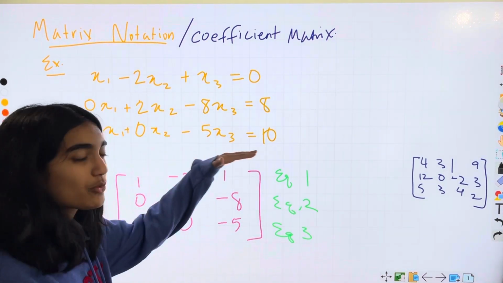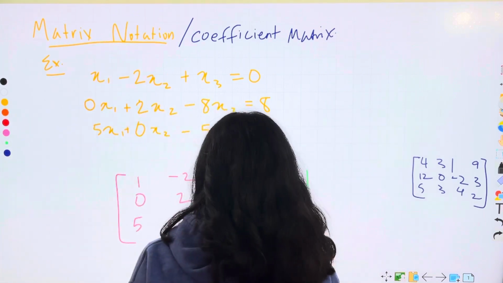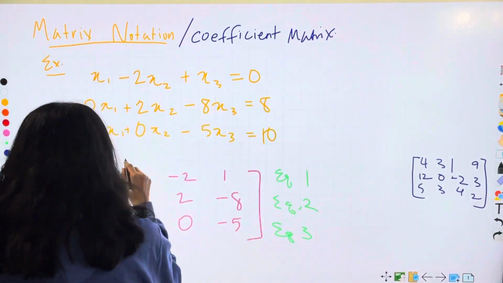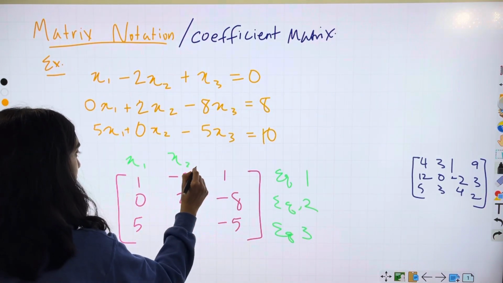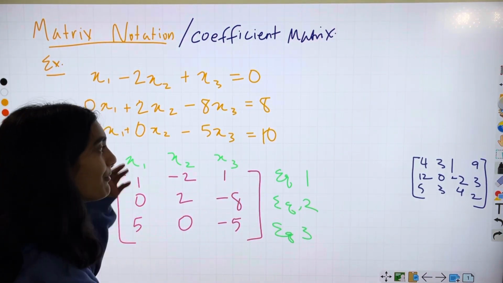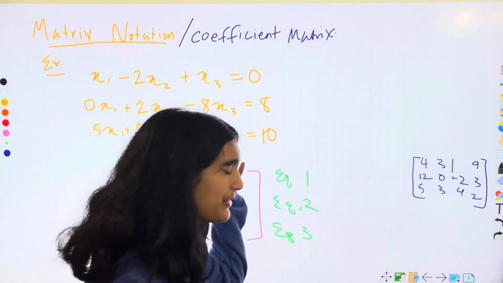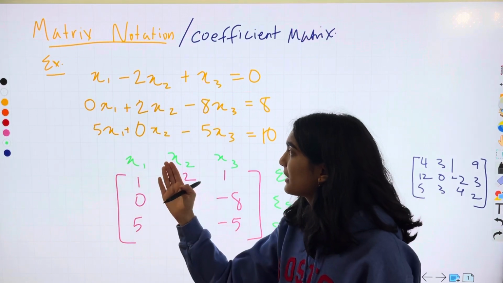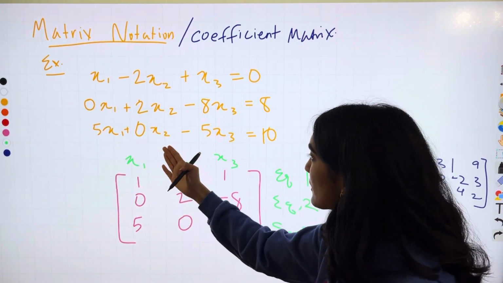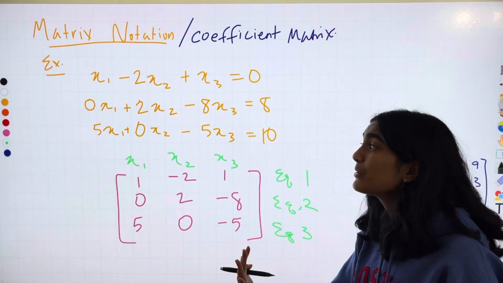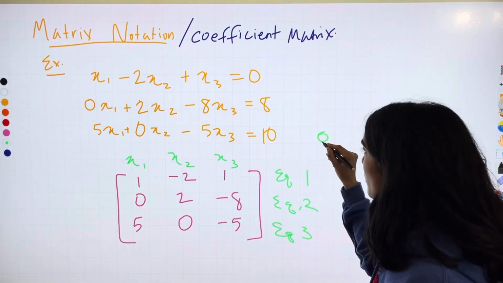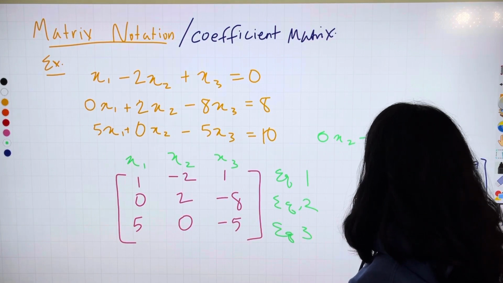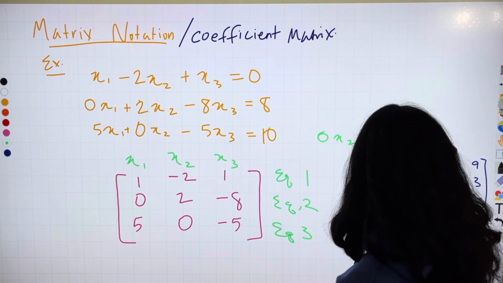So that's what the rows mean, but what do the columns mean? Well, the columns are the variables. This is x1. This is x2. This is x3. If the equation, for example, if the third equation was written instead of 5x1 plus 0x2 minus 5x3 equals 10, maybe it was instead written 0x2 minus 5x3 plus 5x1.